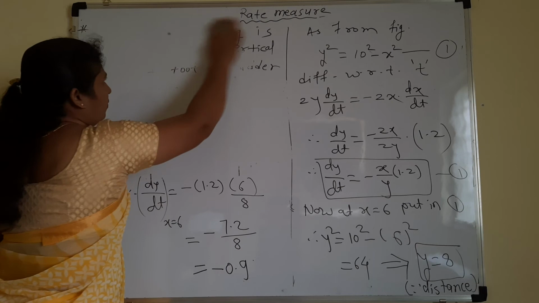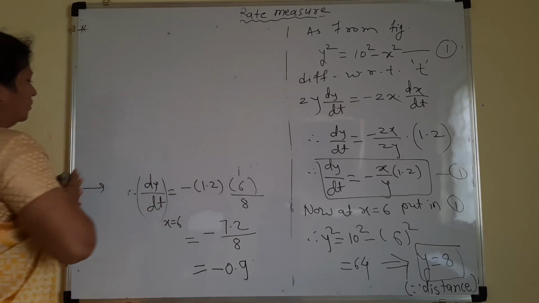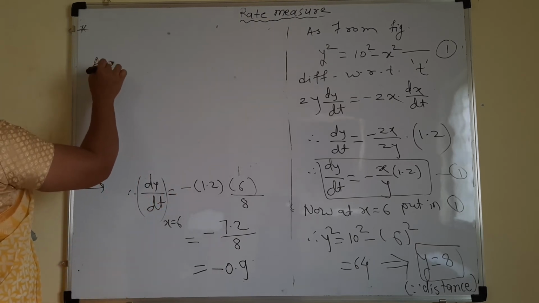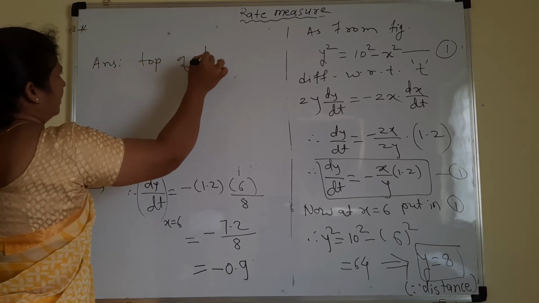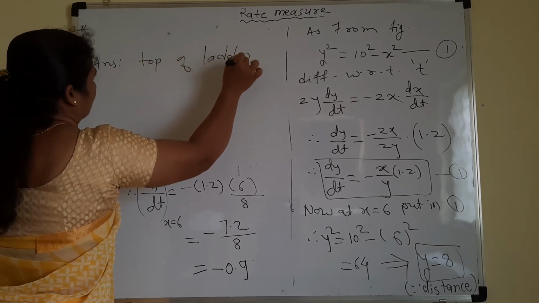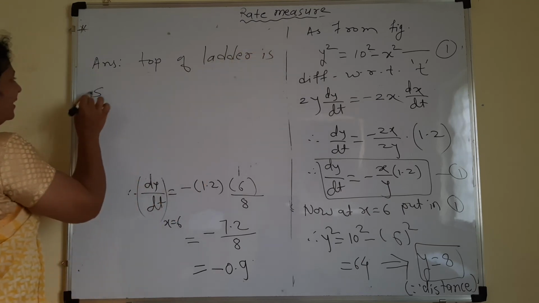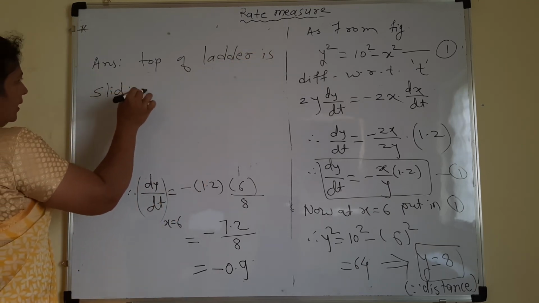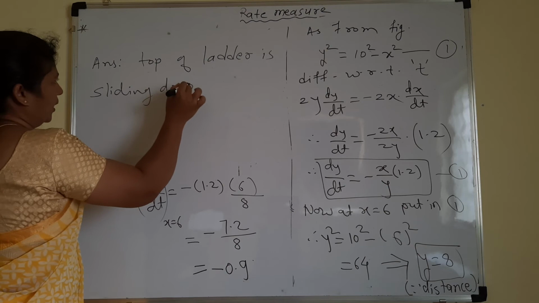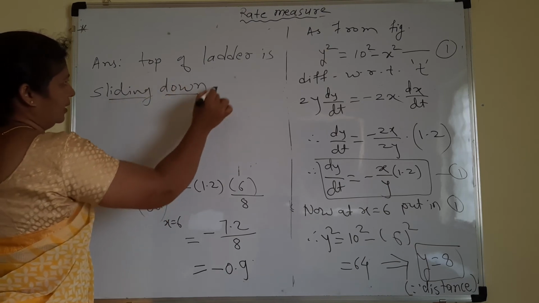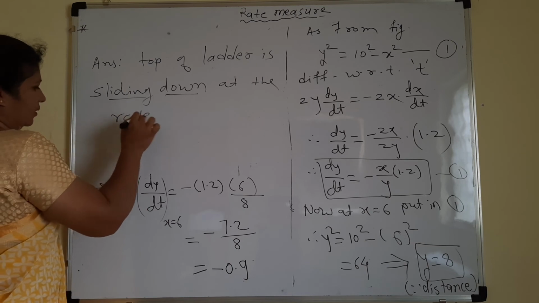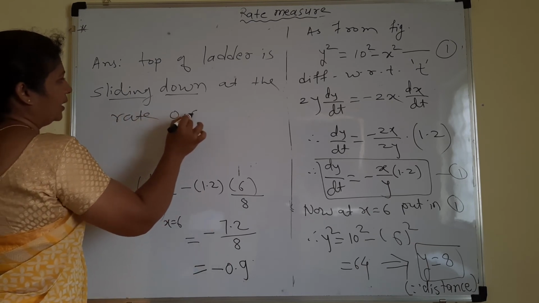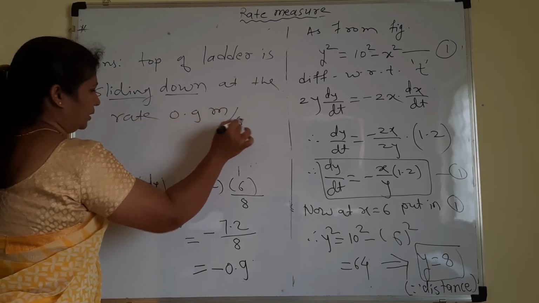So what should our final answer be? The answer must be like this: the top of the ladder is sliding down, therefore that negative sign is there, at the rate 0.9 meter per second.